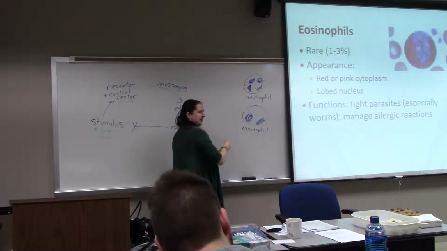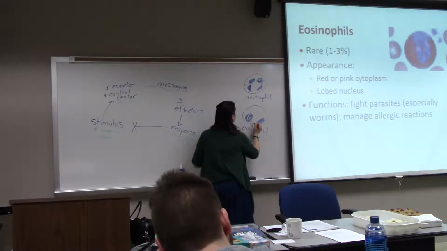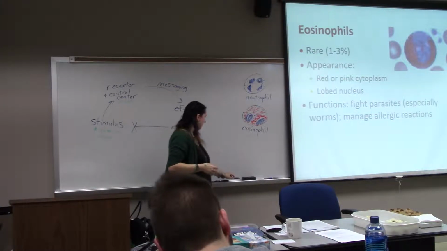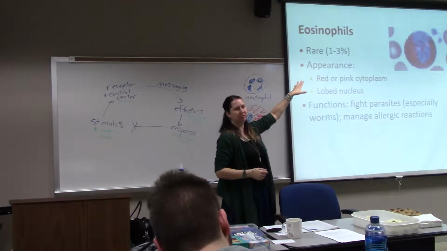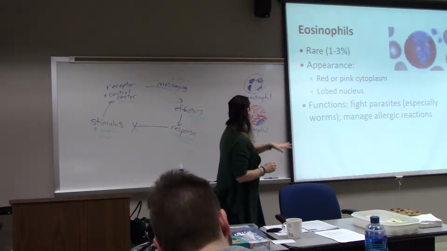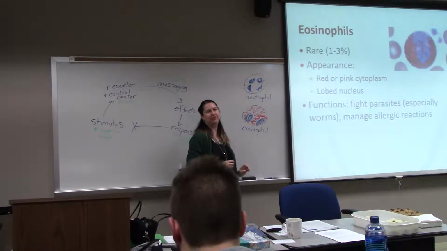And because they like eosin, they'll be red. Now, the slides we have didn't get as much eosin put on them, so we're probably not going to see really bright red like that, but they should be a little bit pinker and have a different shaped nucleus from the neutrophils.